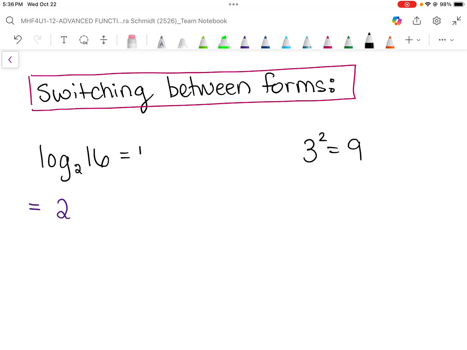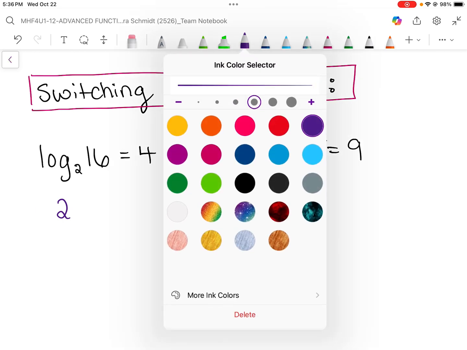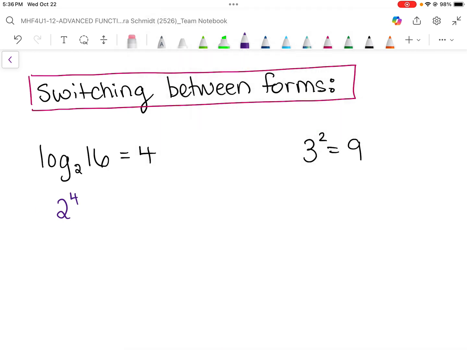Well, let's say it equals 4. So then I can write that as 2, I should not put an equal sign. We can write that as 2 to the power of 4 is equal to 16. So base of 2, exponent, and the argument. So that's how I can convert between the forms.